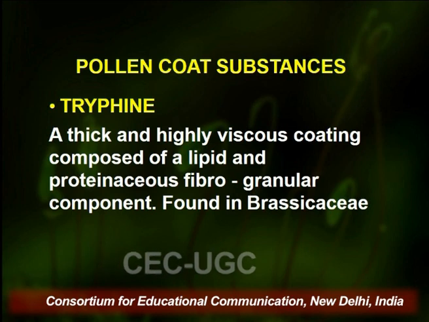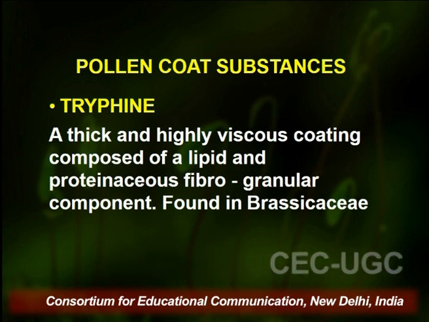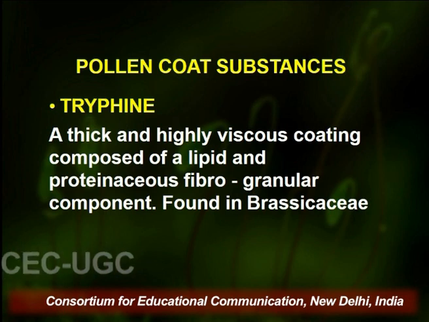The endoplasmic reticulum and the degenerating elaioplasts of the tapetum are instrumental in the production of tryphine. Like endoplasmic reticulum is responsible for the lipidic component, and the proteinaceous component comes from the elaioplasts.